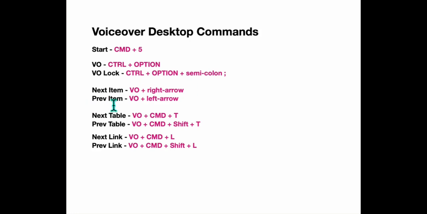Previous item, VO plus left arrow. Next table, VO plus Command plus T. So it's Control, Option, Command, T for your next table. Previous table, VO, Command, Shift, T.